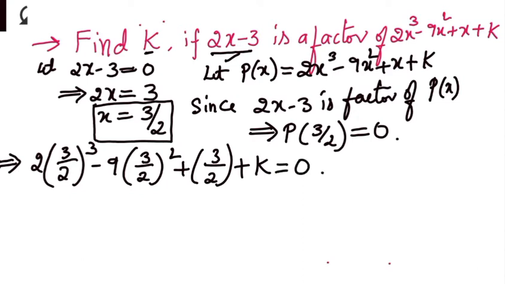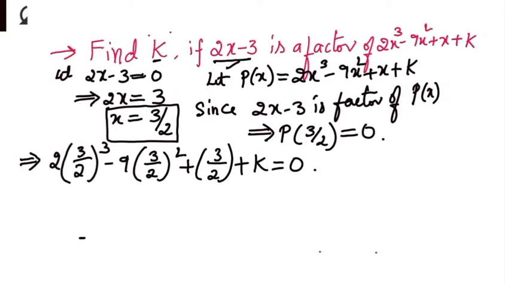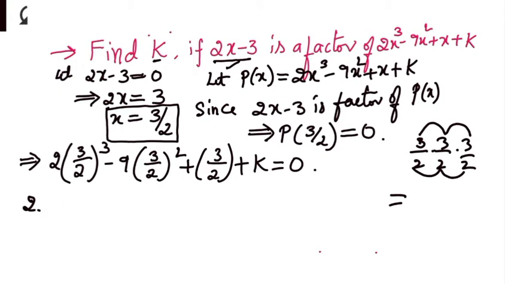Now we have to do the simplification. We already know that 3 by 2 whole cube means we have to multiply 3 by 2 three times. In fraction multiplication, numerator multiply, denominator multiply: 3 3s are 9, 9 3s are 27, by 2 2s are 4, 4 2s are 8.